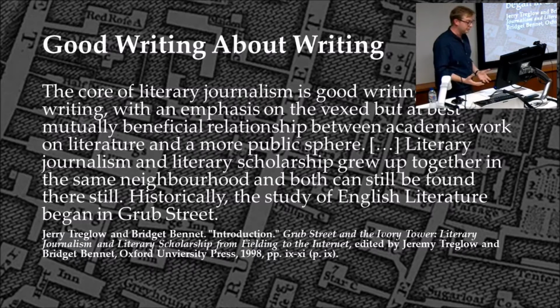Because of this cheap print where more and more people can have an opinion, you have this new genre of literary journalism, which is defined here by Jerry Treglown and Bridget Bennett as good writing about writing, with an emphasis on the vexed but at best mutually beneficial relationship between academic work on literature and a more public sphere.